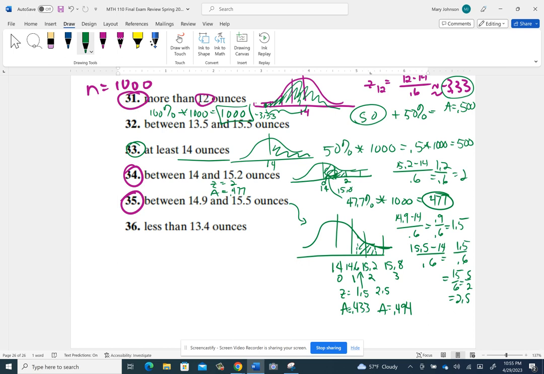So now I'm looking at how the 0.494 represents all the way from that value to the mean, and then the 0.433 represents just this part, and I want what's in between those two right here.